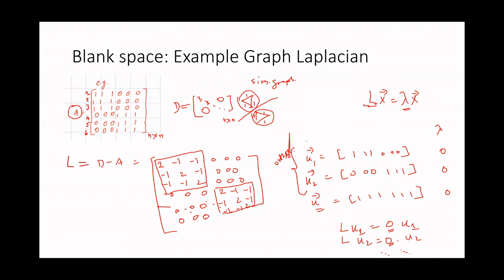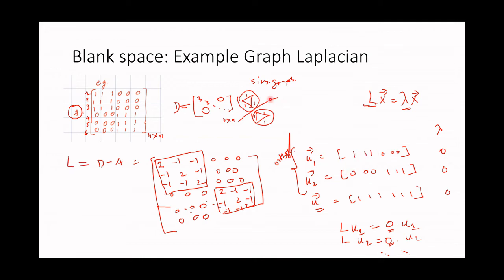Is it just a coincidence that 0 is a small eigenvalue? I mean, 0 is the smallest non-negative number you could get. And you could show that this L cannot have any negative eigenvalue. So in that sense, 0 is the smallest eigenvalue of this Laplacian matrix L. And this seems to indicate the clustering structure. The first triangle is indicated by U1, where all the members of the first cluster are ones and everything else is 0.